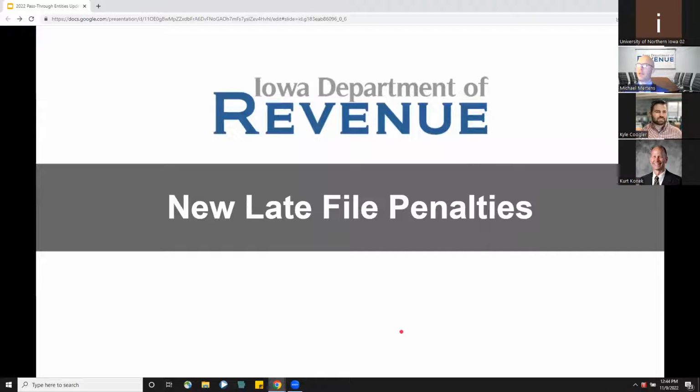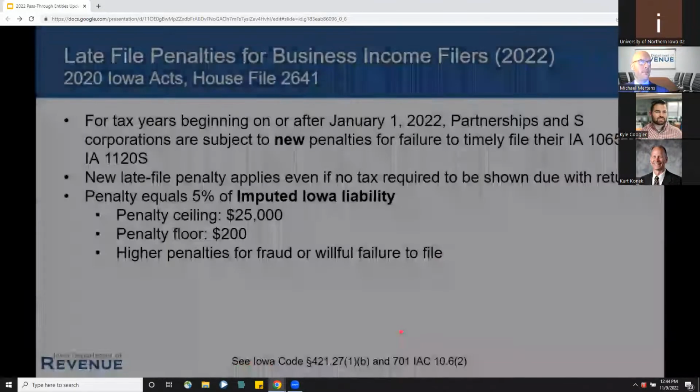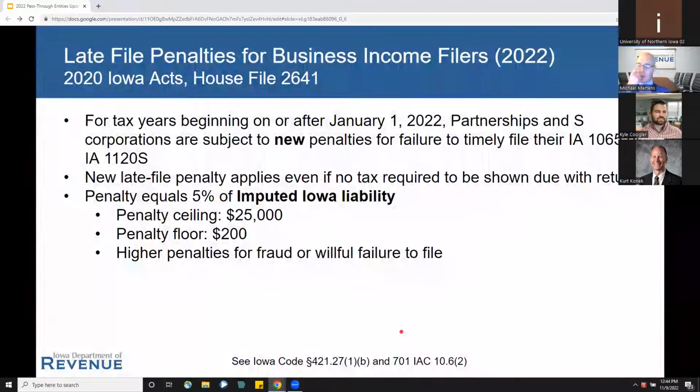All right, let's switch gears a little bit here, and talk about new late file penalties that apply to pass-through entities. This is another very big change that was enacted a few years ago, and it takes effect starting in tax year 2022. So this will affect the upcoming filing season.